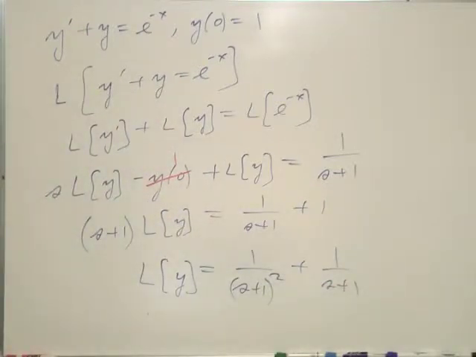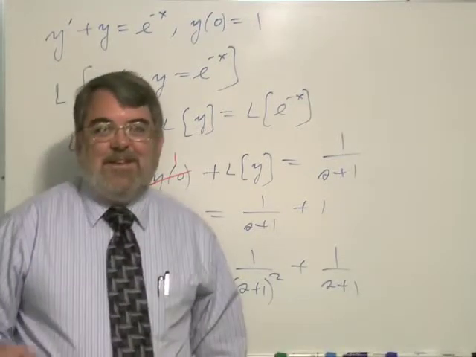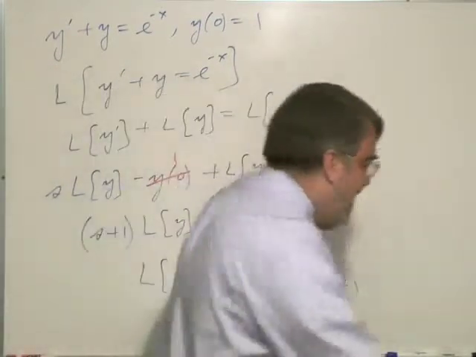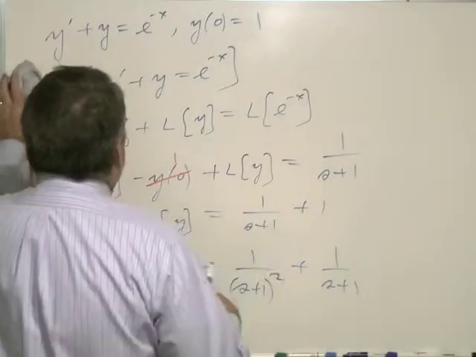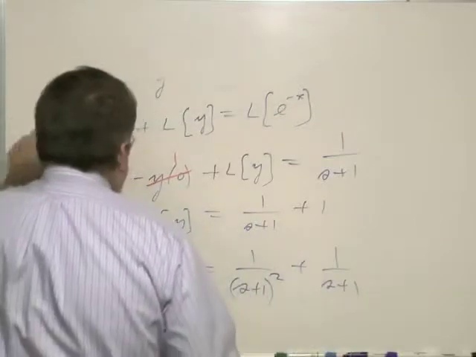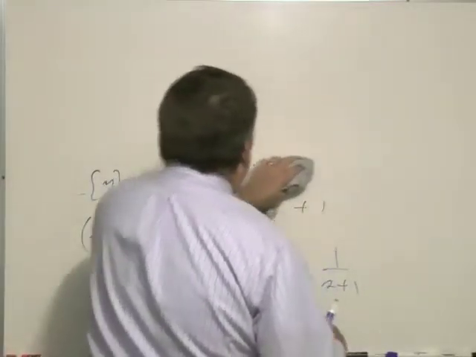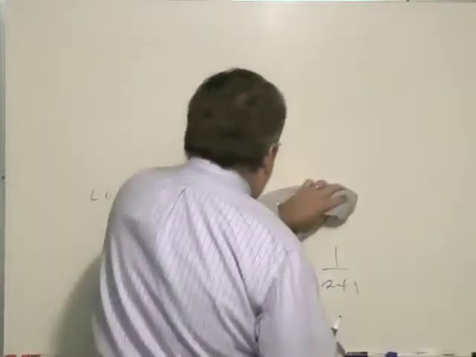Alright, well, we come to the crucial moment. Now what do we do? At this point we take the inverse operator. That table we built up gave the Laplace transforms, but it also tells you what the inverse operators are.